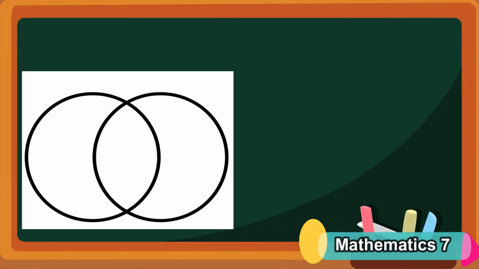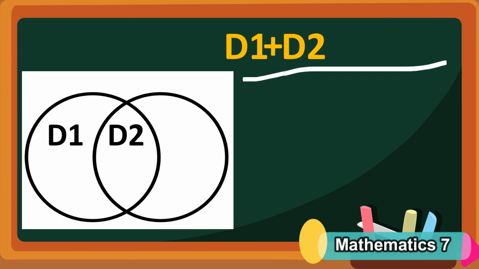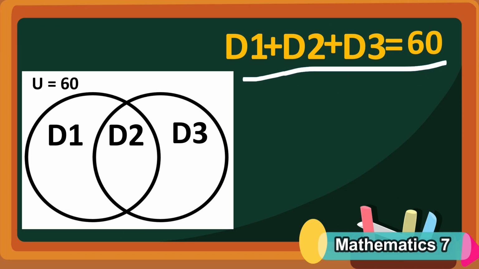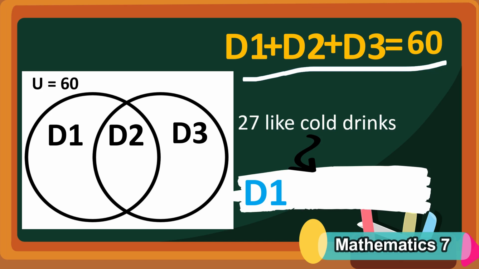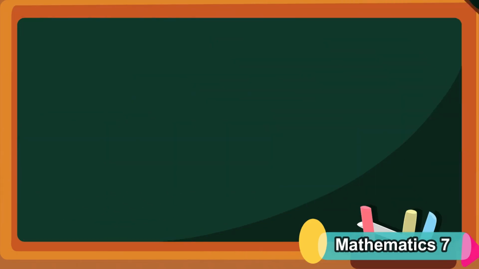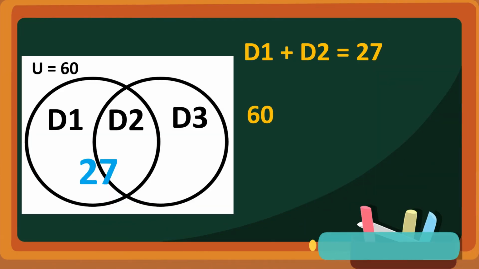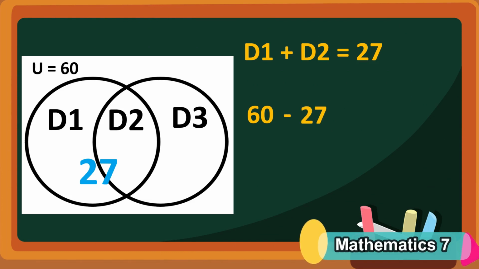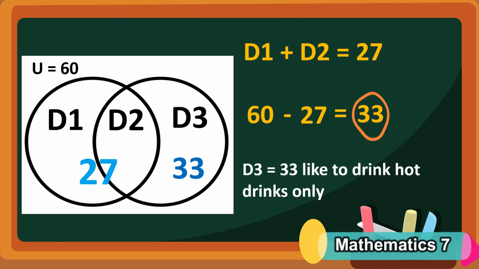D1 plus D2 plus D3 is equal to 60. 27 like cold drinks, so D1 plus D2 is equal to 27. Subtracting 27 from 60 is equal to 33. D3 is equal to 33 who like hot drinks only.